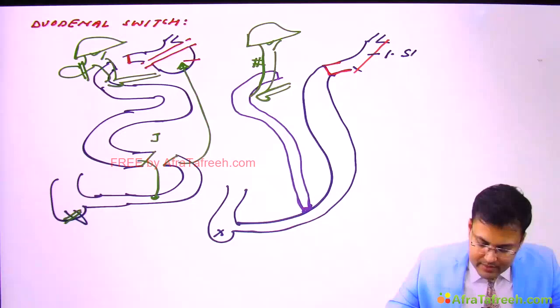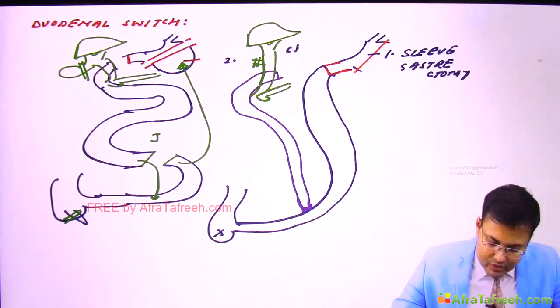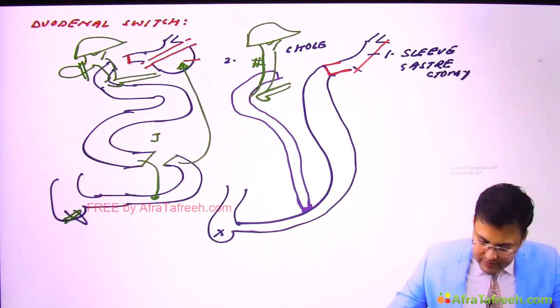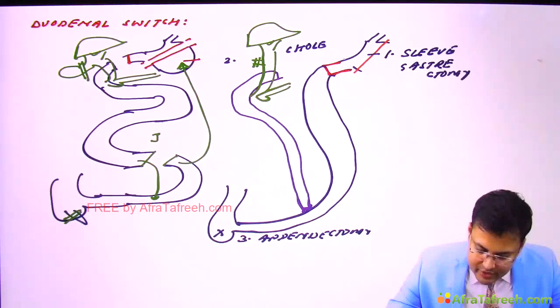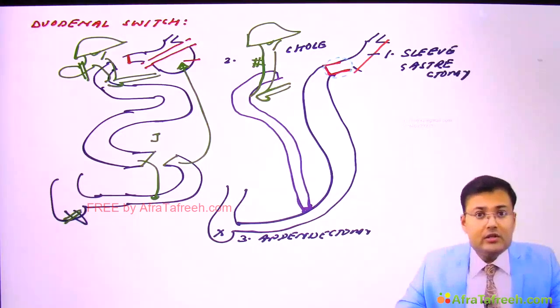First, you performed sleeve gastrectomy, in which 70 to 80% of stomach is removed. We performed cholecystectomy. We performed appendectomy. Now see the anastomosis. Here there is a switch of duodenum between stomach and ileum. That's why this is known as duodenal switch.